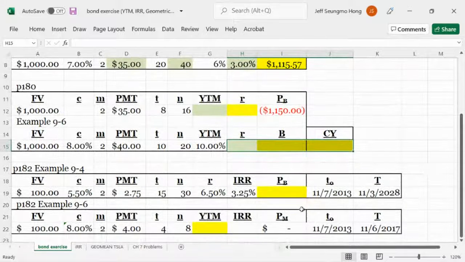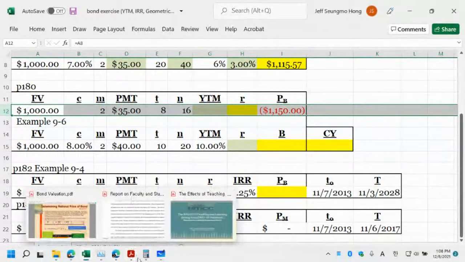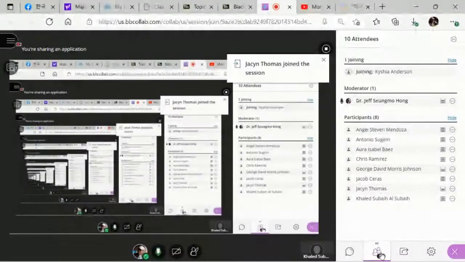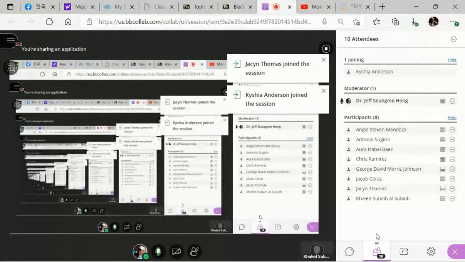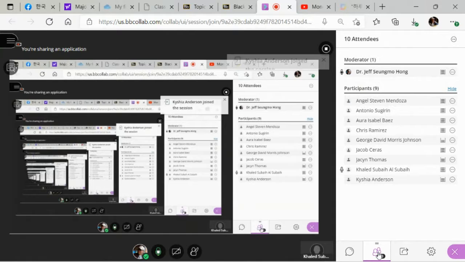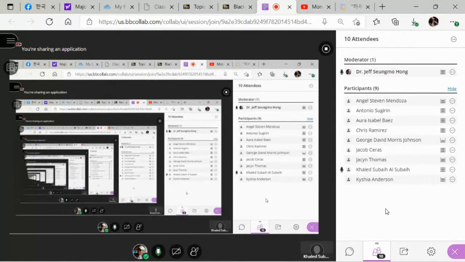Now our next problem is row 12, and everyone has this file open in front of you? Give me a second, I'm going to open it.